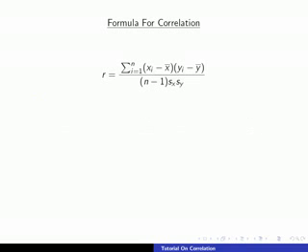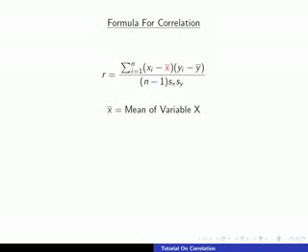The formula to calculate the correlation will look like this. So correlation is denoted by small r. The top line reads as the sum of i equals 1 to n of xi minus x bar multiplied by yi minus y bar. This is all divided by n minus 1 multiplied by sx sy, where n is the number of observations.